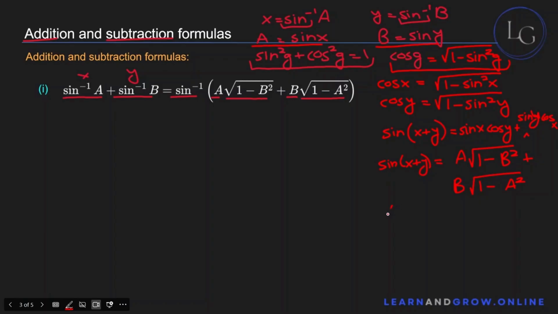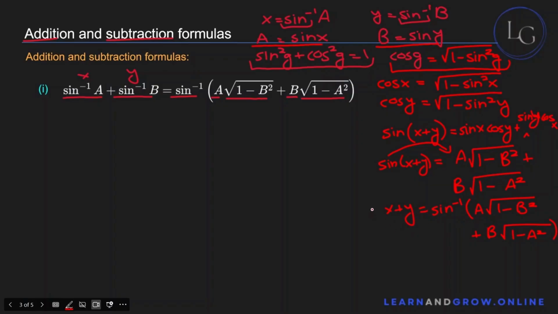So x plus y would become equal to, taking the sine inverse function to the right hand side, sine inverse of a into under root 1 minus b square plus b into under root of 1 minus a square.